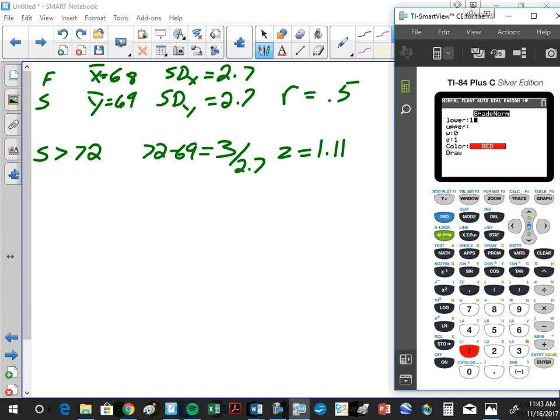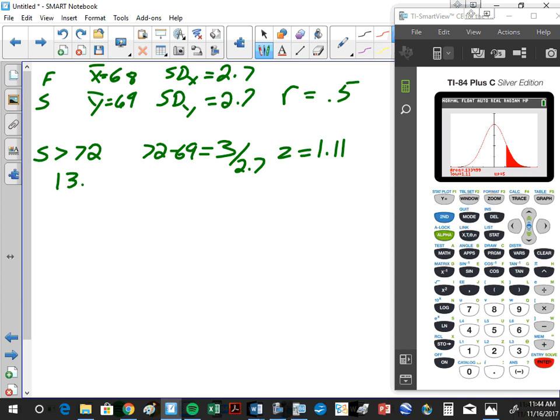Shade norm from 1.11 up to positive 5. And I get the answer to this question is 13.3%. That's the answer to A.